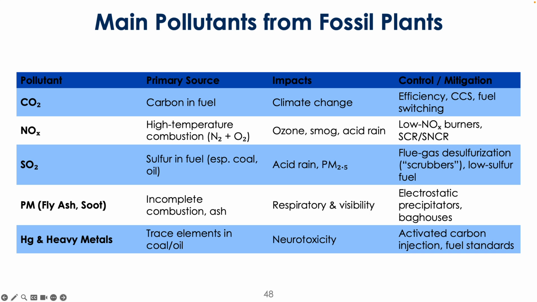You're not going to get a lot of SO2 and SOx from natural gas combustion. It's mainly sulfur that's contained within the coal. There is some, but it's fairly negligible. And that can lead to the formation of particulate matter in the air, as well as acid rain.